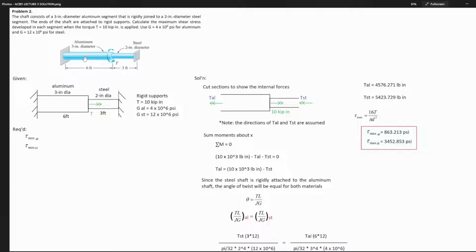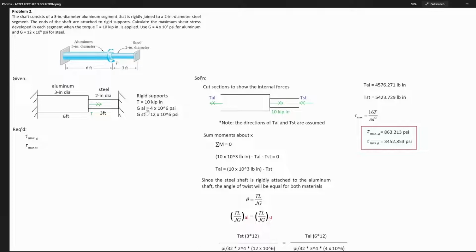Now, let's write the given. Let's express this figure in terms of 2D. So, yung counterclockwise torque is a torque na directed to the right, no? From right-hand rule. Ayan. Okay? So, yung T daw is 10 kip inch.